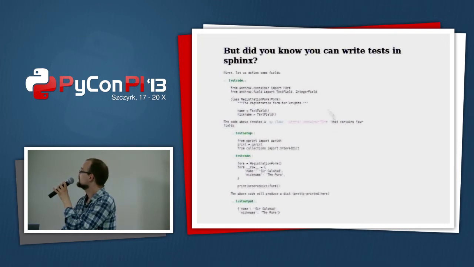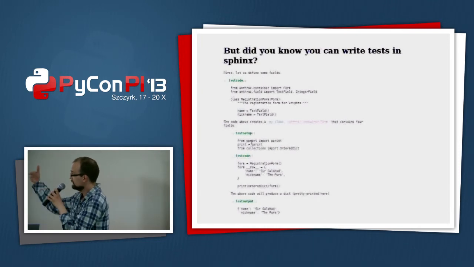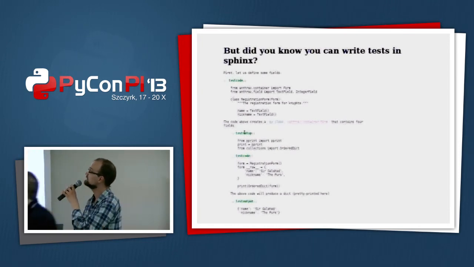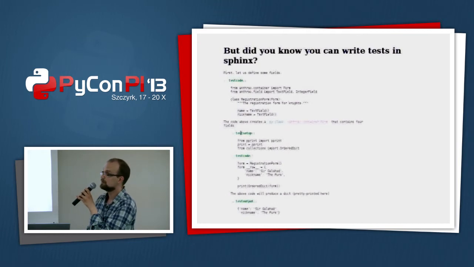Then we put some more narrative, then we put some more test code, but here we also put test setup. And here, simple test code. And then we tell our user that this would produce something. And we put a test output block.